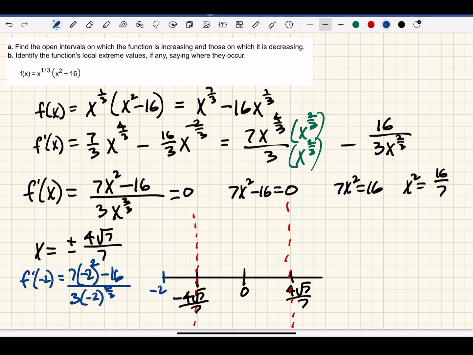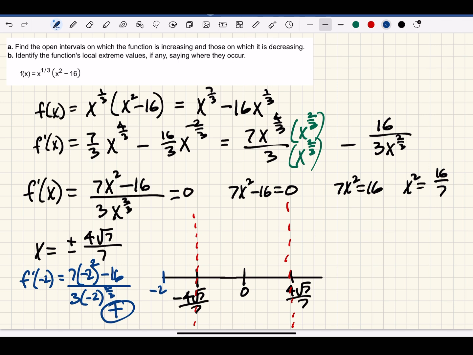All we really care about is whether this is positive or negative. In the numerator, we would have 28 minus 16, which would be a positive value. And in the bottom, we would have 3 times the cubed root of negative 2 squared, so it would become positive. So this quantity would be positive.